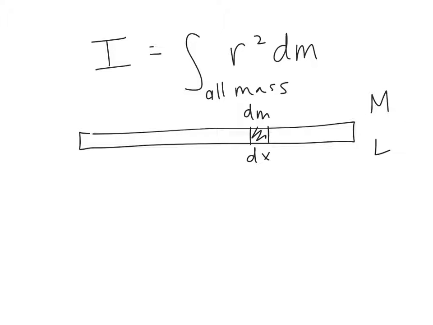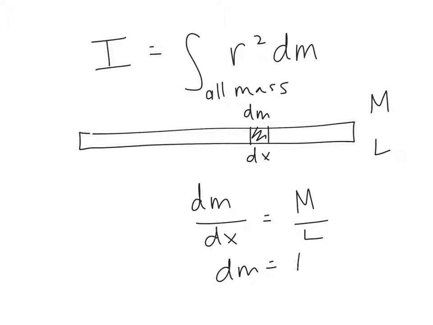And what I can do is I can set up a proportion. I can say that dm over dx equals m over l for the entire rod. That ratio should be the same. And I can rearrange this equation to write dm equals m over l times dx.